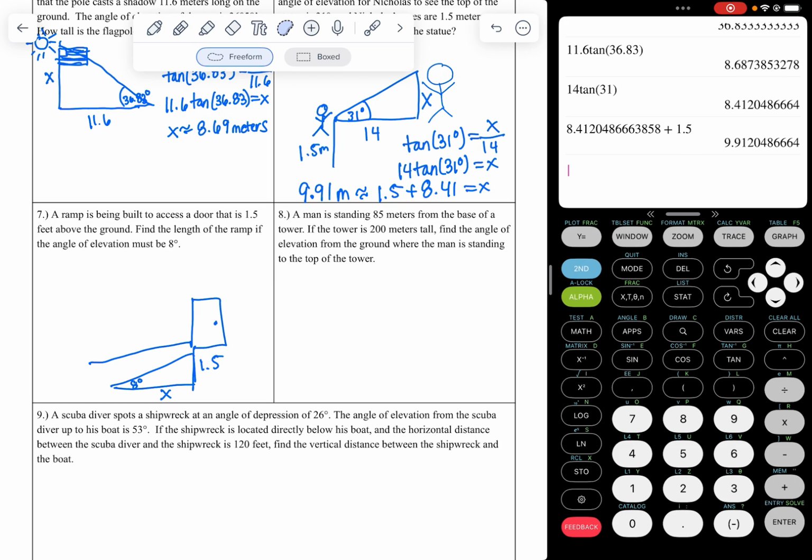So again, tangent, good choice here. So tangent of 8 degrees equals the 1.5 over the length of the ramp. So then we'll multiply.